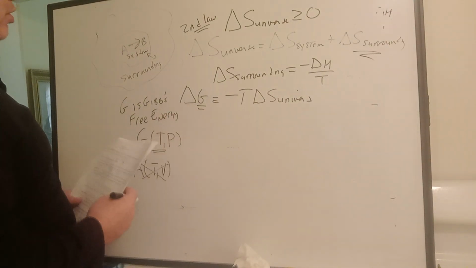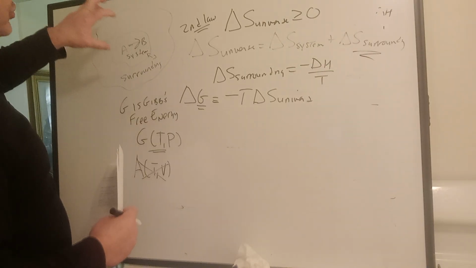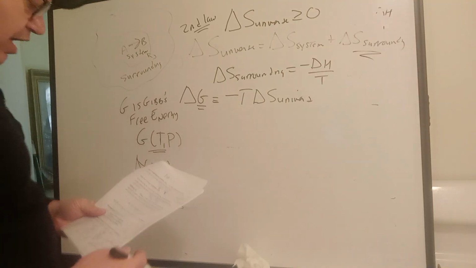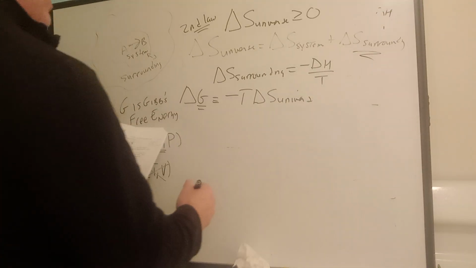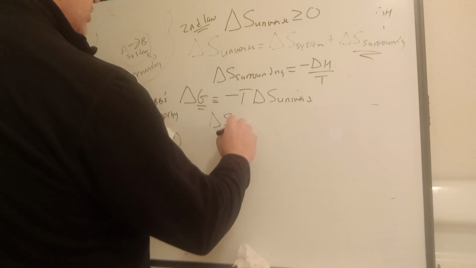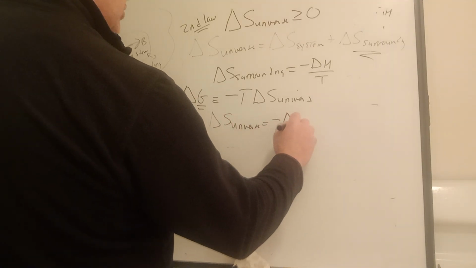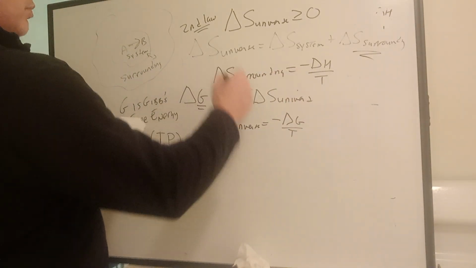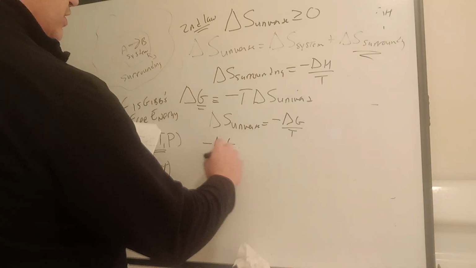So our goal is to get it such that we can measure just things in the system and predict spontaneity using that. So what we can do in that case is we could write delta S universe is equal to negative delta G over T. And let's just start plugging in here. So we'll plug that in for delta S universe here.